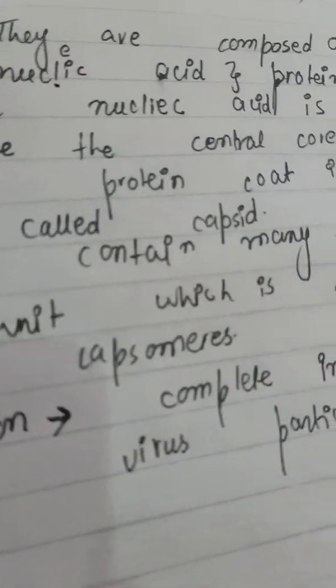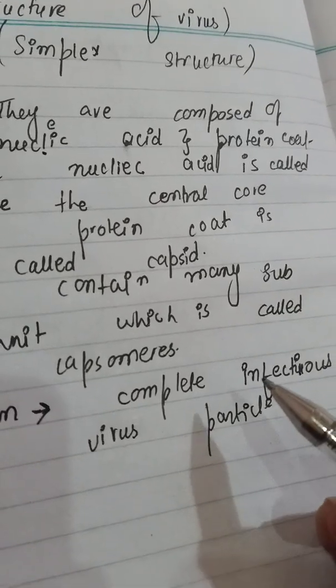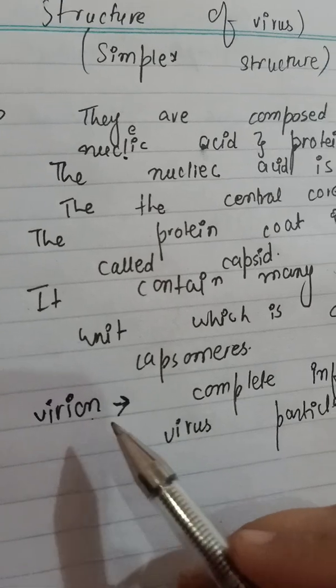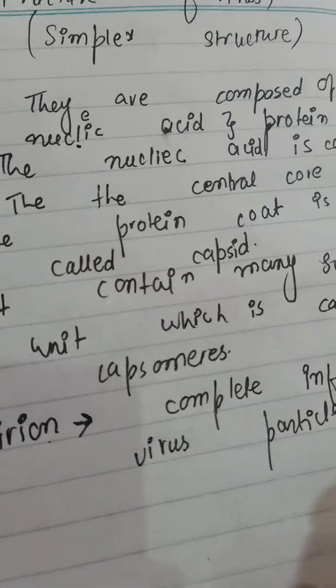For example, when they are inside our body, they will affect our cells. It will be known as virion. So outside of the body, it is called virus.